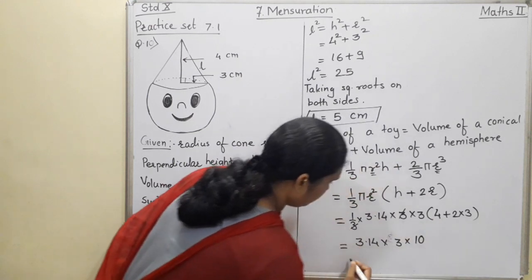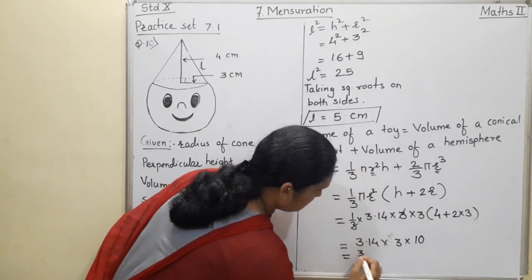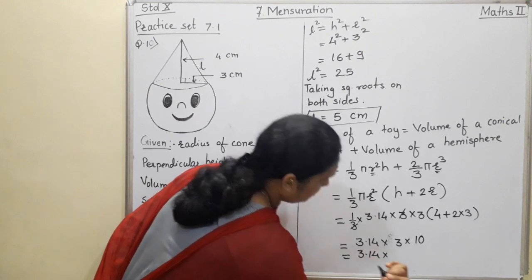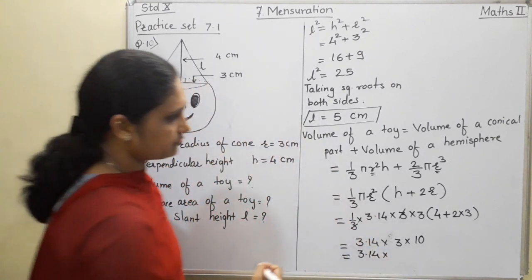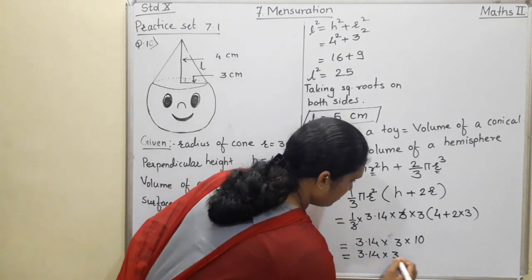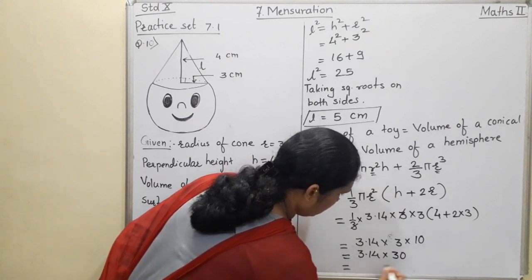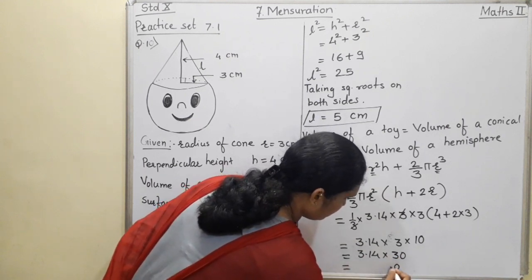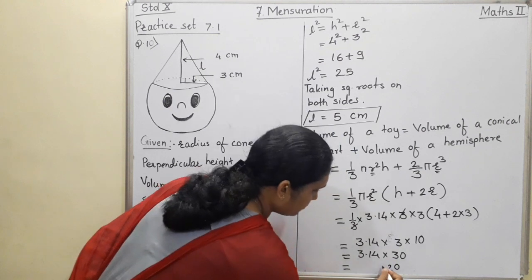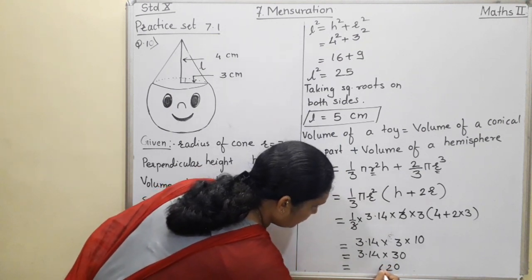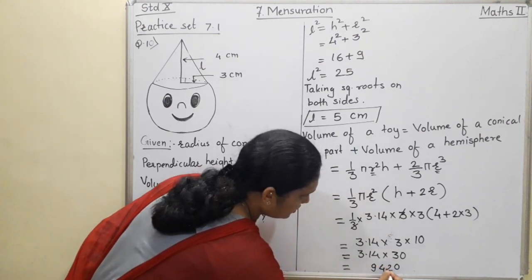So this is 3.14 into 30, and if we multiply this, it will be 94.20, after the 2 digit decimal.